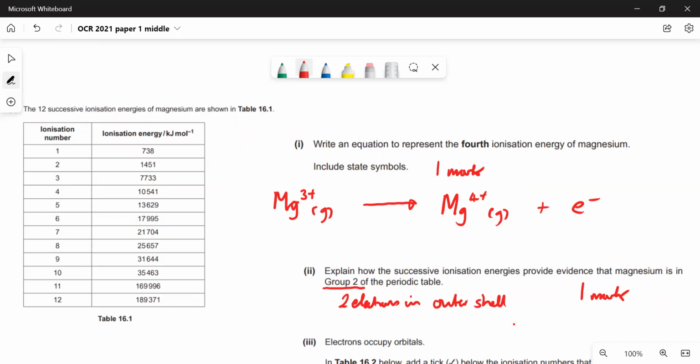The first to second ionization energy roughly doubles, but from the 2nd to the 3rd, because you're entering a new quantum shell, it goes up by a factor of about 5, doesn't it? You get a really big jump there. And then the jump between 3 and 4 is less big because it's in the same quantum shell. But I'd probably use the word quantum shell there.